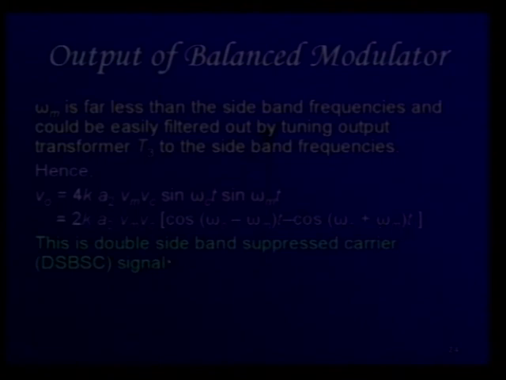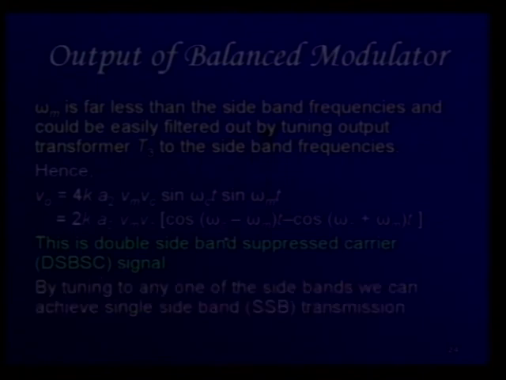This is what is called double sideband. We have omega C minus omega m and omega C plus omega m, both sidebands, but it is devoid of carrier. So suppressed carrier. So this is a DSBSC, double sideband suppressed carrier signal.